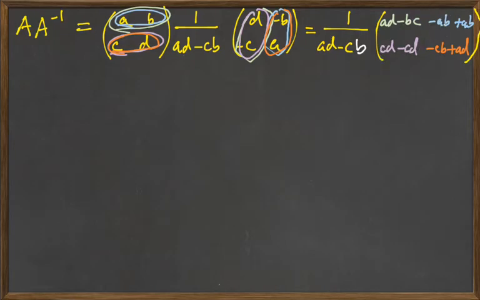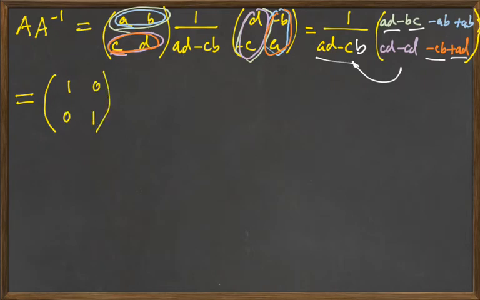So those are going to go away. You do have AD minus CB. So here's AD minus CB, and here's another AD minus CB. And so when we put that scalar in there, we're going to get the identity. So we'll get 1, 0, 0, 1. So that is at least a right-handed inverse.